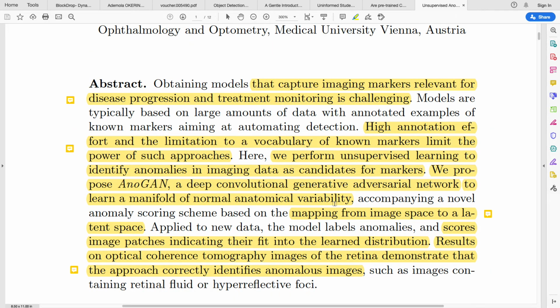So essentially the work in this paper is they perform an unsupervised learning to identify anomalies in imaging data, so as candidate for another pipeline.